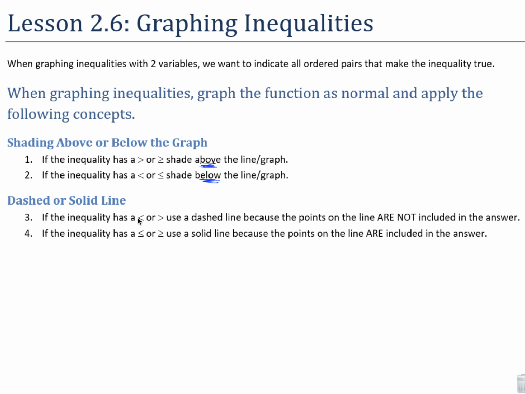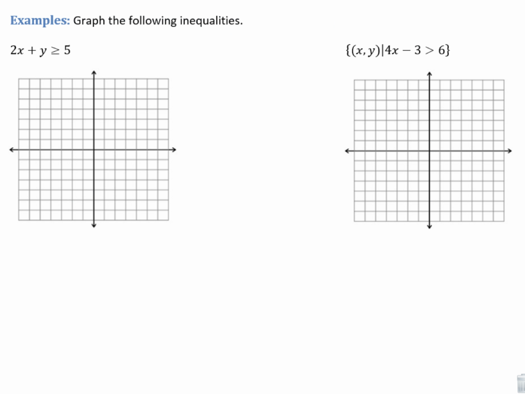If you have a less than or greater than sign, without the or equal to, use a dashed line because the points on the line or absolute value function are not included in the answer. And I said function, but they're actually not functions. If it's got the or equal to, you use a solid line because the points on the line are included in the answer. So we're going to use those different concepts as we work through these.